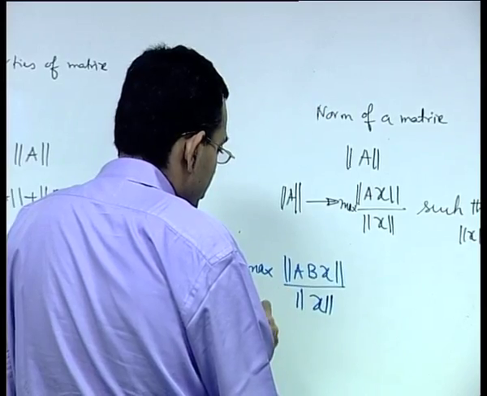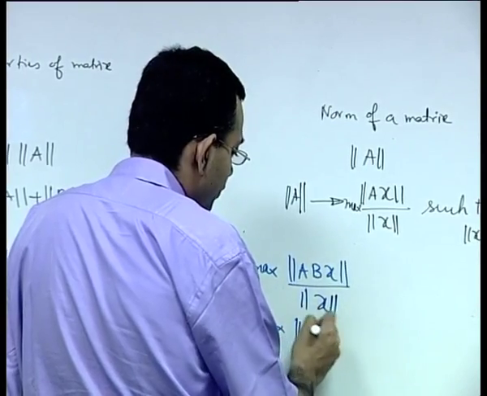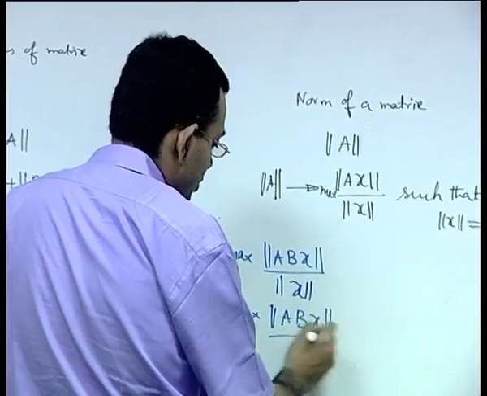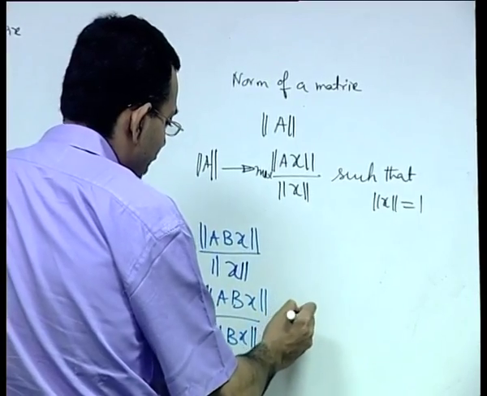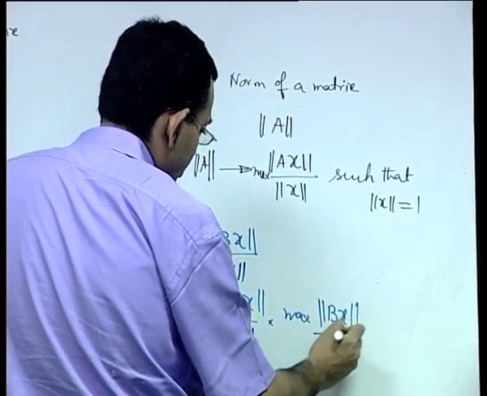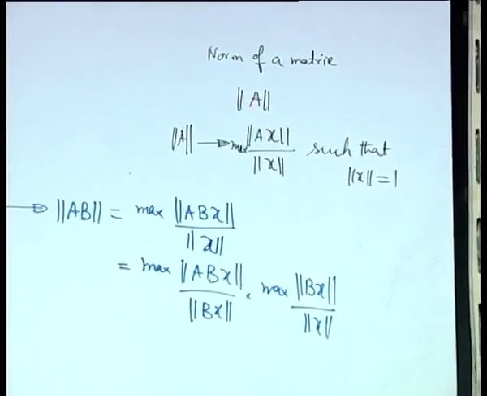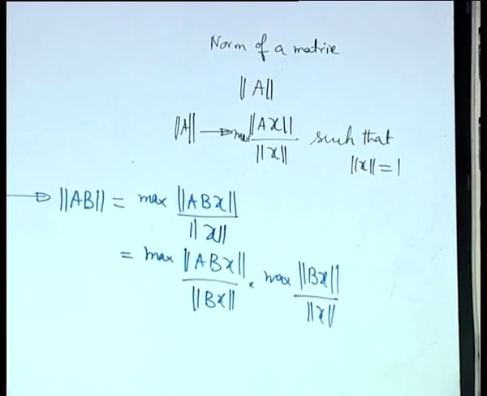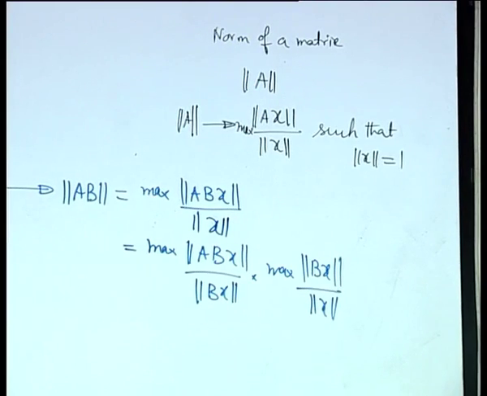And this you can also write as max of norm of ABx by norm of Bx into max of norm of Bx by norm of x, as if you have multiplied and divided by norm of Bx.